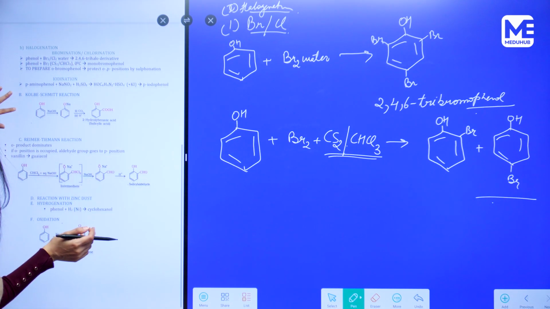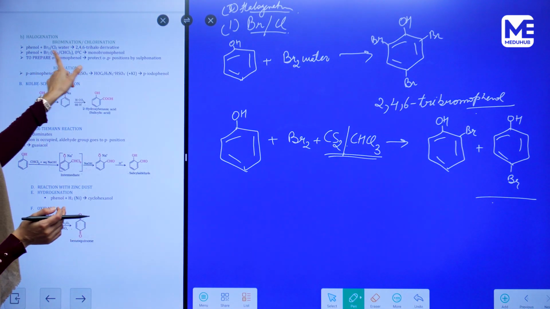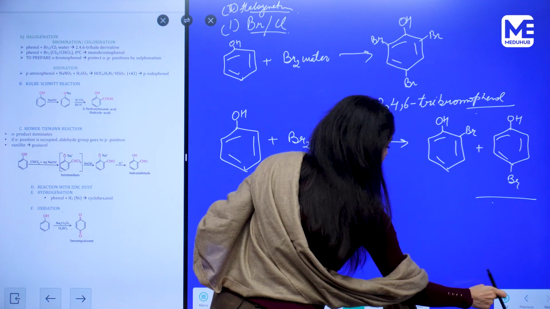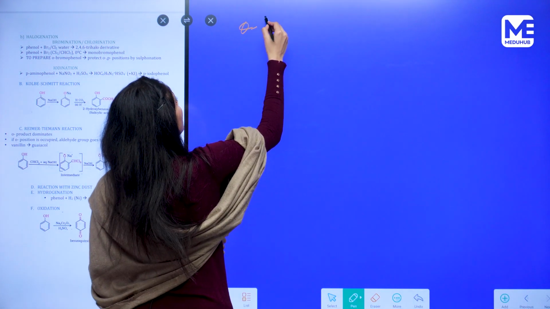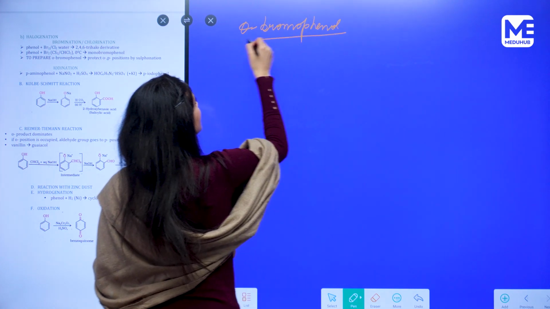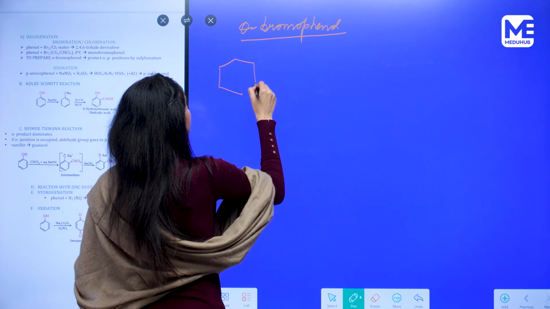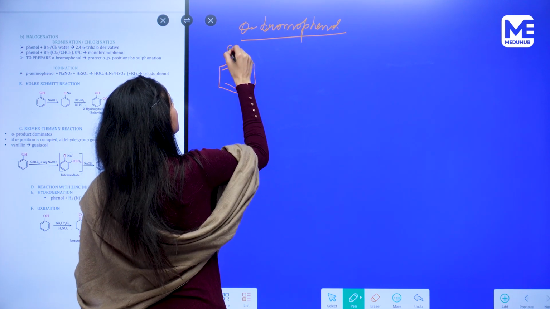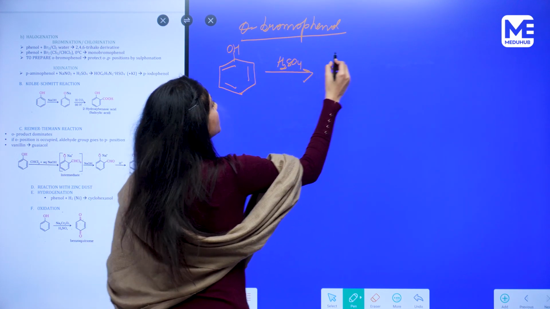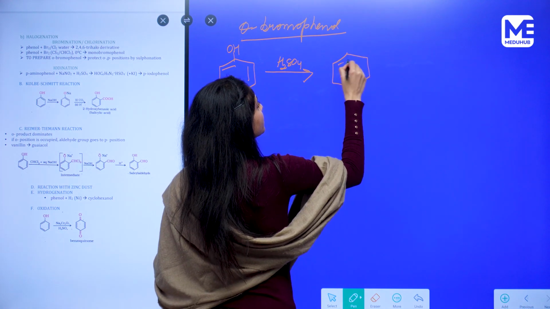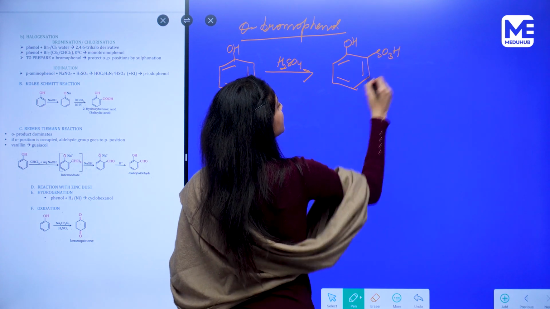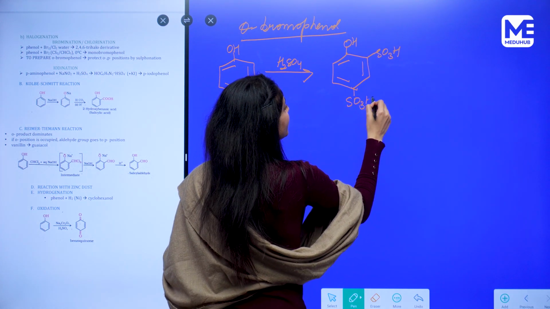Now what if we want to prepare only ortho-bromophenol? So for that we first protect the ortho and para positions by sulfonation. Let us see how that happens. For ortho-bromophenol, we start with phenol. We treat it with sulfuric acid. This ortho position and this para position is protected.